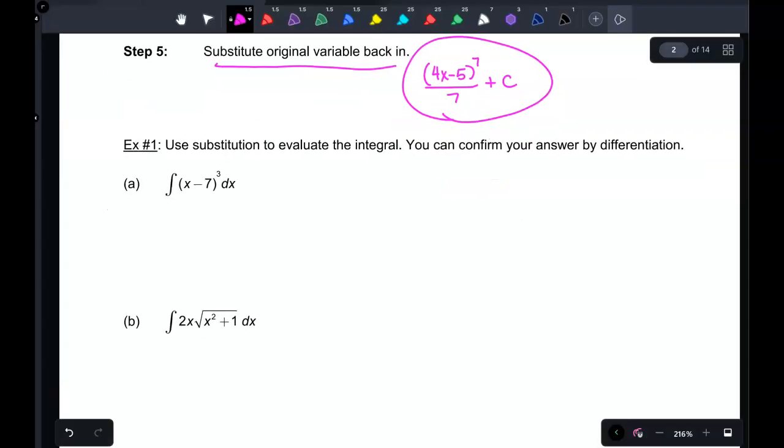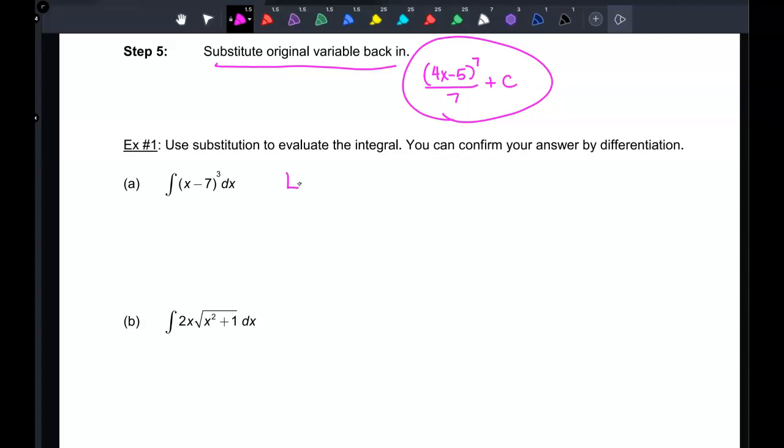Let's try the next one. Okay, we're going to let u equal to what? x minus 7. So this implies du/dx, the derivative of x minus 7, would just be 1.